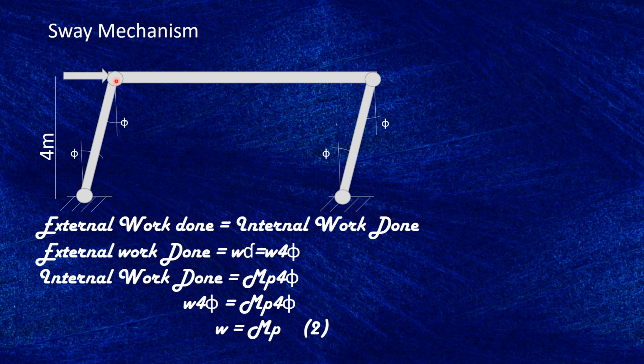The same applies to this joint. It has rotated by theta, and this joint has not rotated, but here these columns have rotated and this one has rotated. So they have all been rotated by the amount MP. So 4 MP times theta is the internal work done, and we get W equal to MP. Now that's the amount of load that we need to form this way.